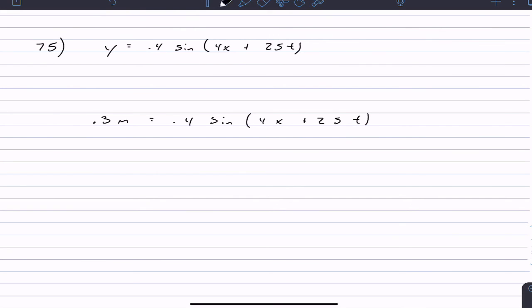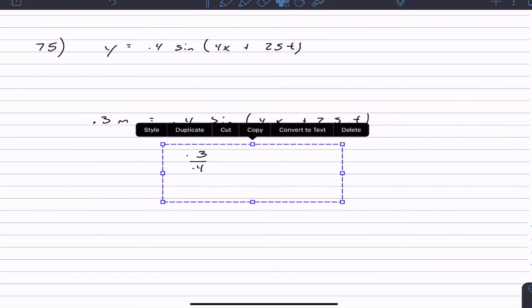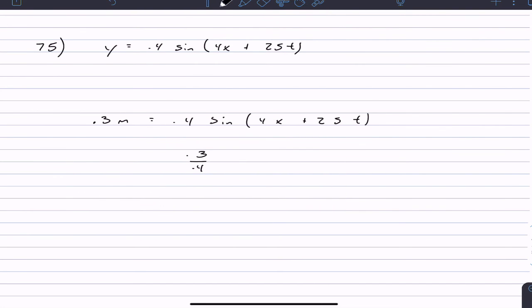So let's find out when the first time is going to be. This is going to be 0.3 over 0.4. We'll move this down. We need sine inverse, or arc sine, and this is going to equal 4 times x plus 25t.